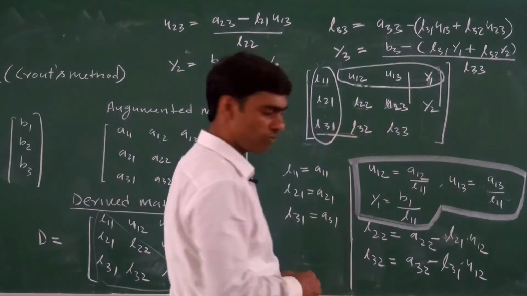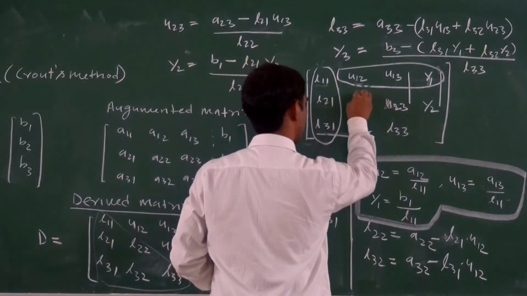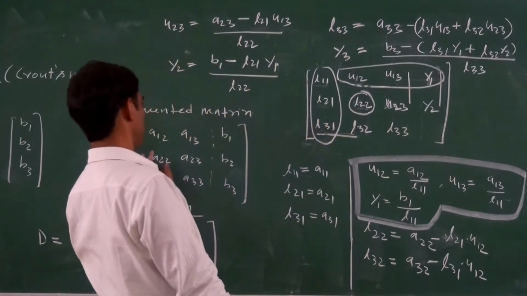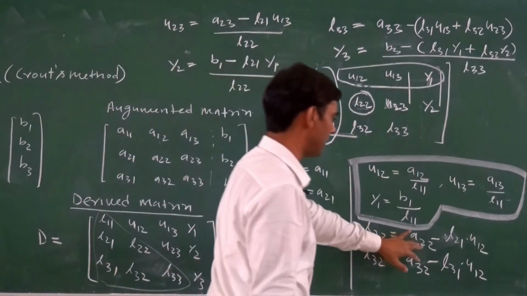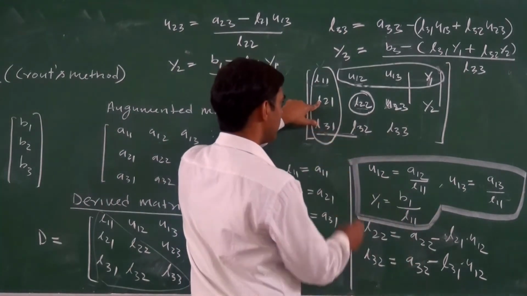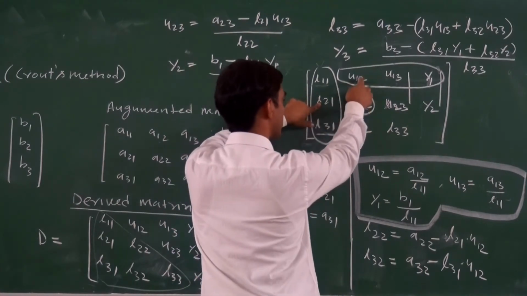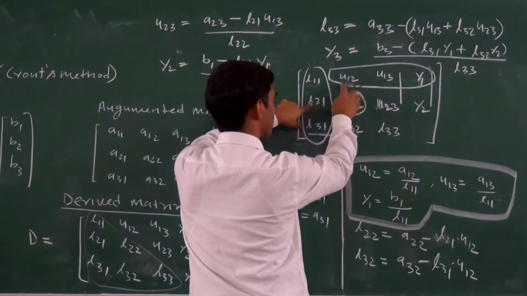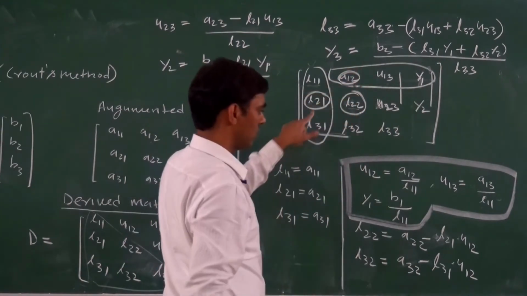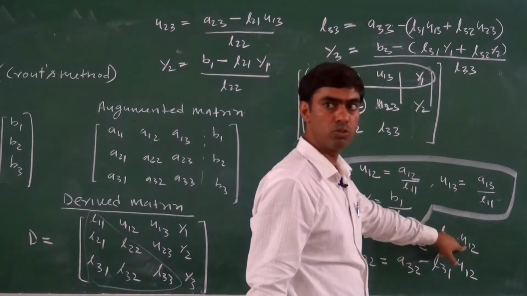To find the value of L22, we write the corresponding value in the augmented matrix, A22. Then we subtract the inner product of the corresponding row and column: the elements are L21 and U12. So we multiply minus L21 into U12.